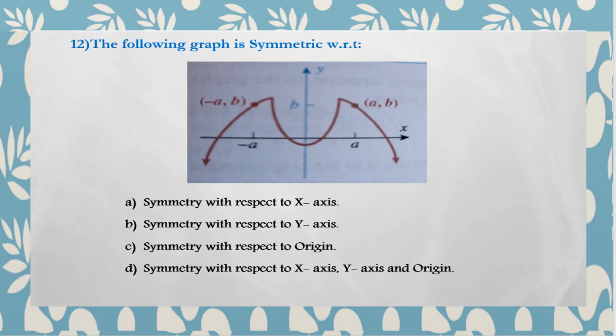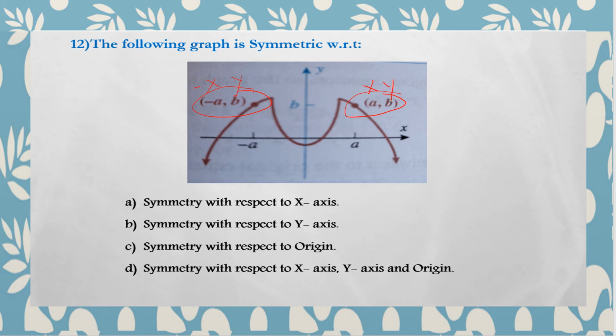For this graph, by taking a point A and B, or x and y here, and another point on the other side of the graph, you can find that we have negative x and y. And negative x means this is symmetric with respect to the y-axis.